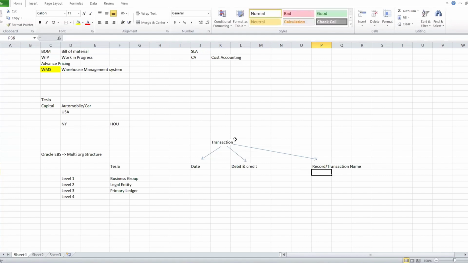So one transaction has three things: the date on which this transaction was done; which account is debited and which account is credited; and the record name or transaction name, the transaction we have done against which the debit and credit accounts get hit. All those transaction details are recorded in a book, and that business book is called a ledger.